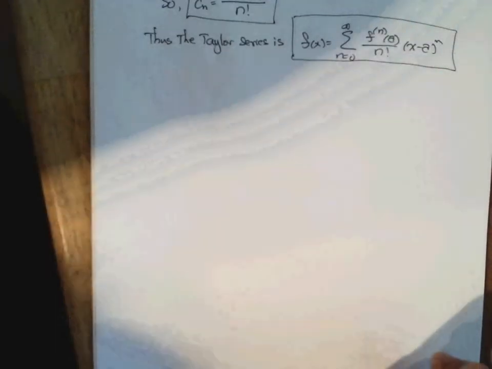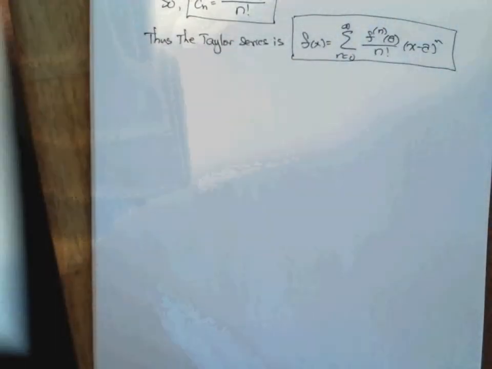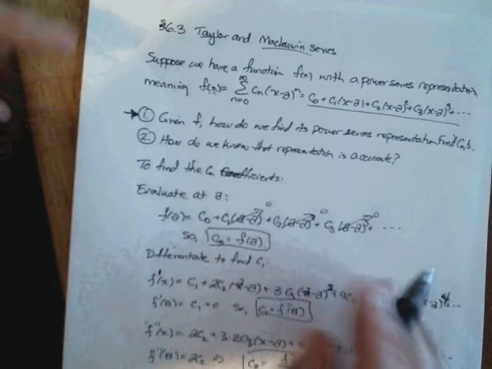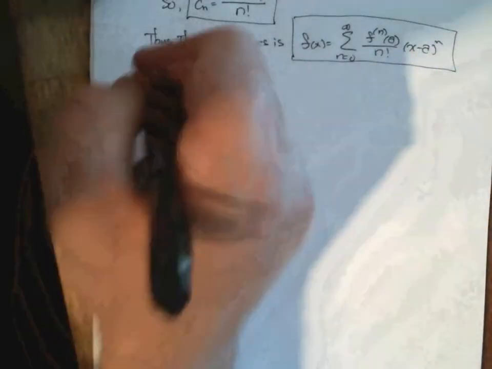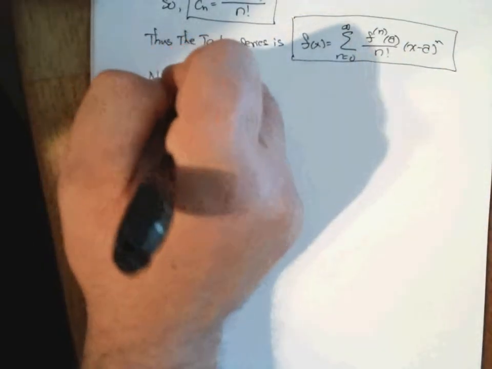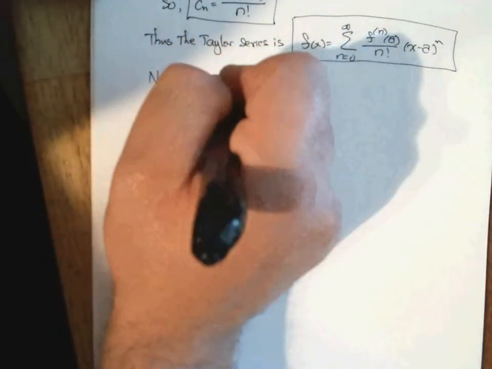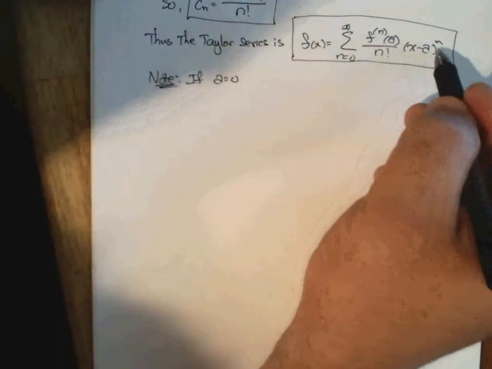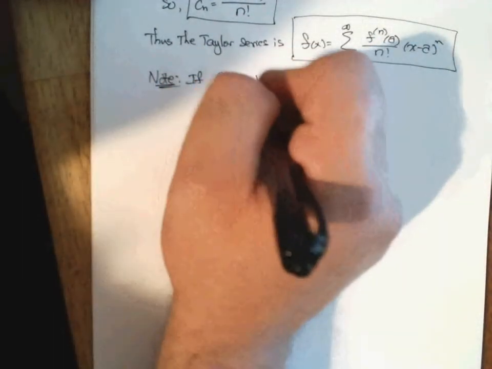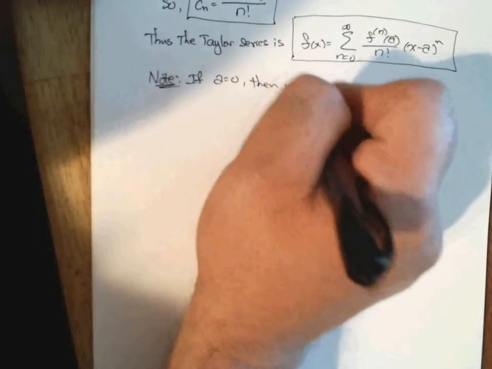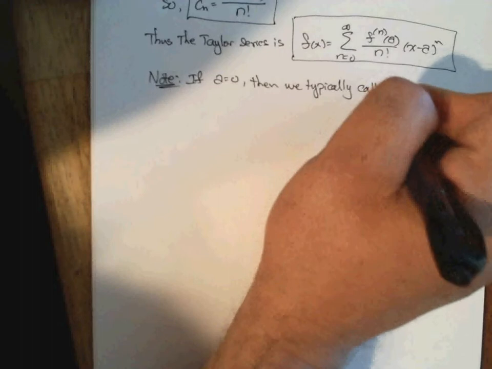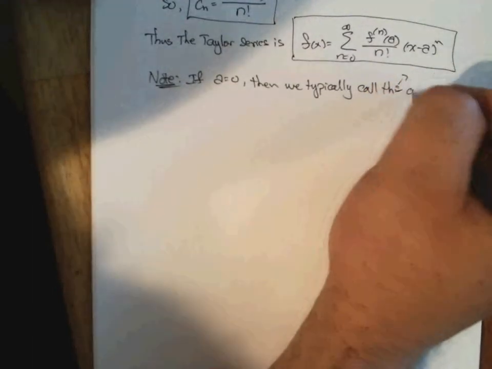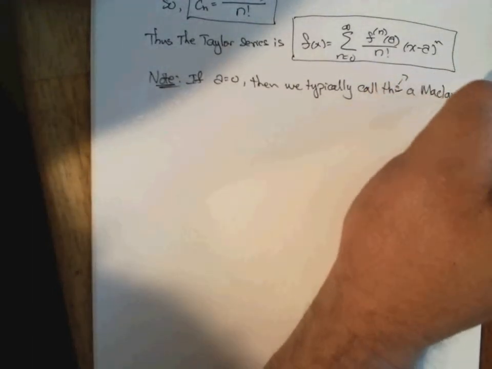Now, as we did mention at the beginning, there are two names associated with this section. There's Taylor and Maclaurin. Here's why that's not of much concern to us. Note, if a equals 0, in other words, if you decide to center your power series at 0, then we typically call this a Maclaurin series.